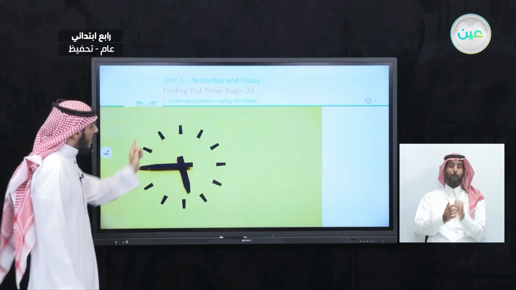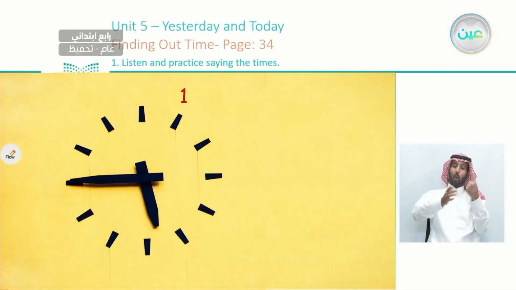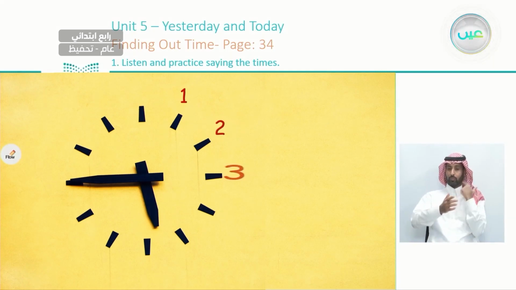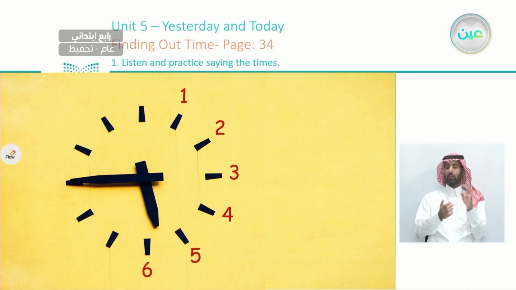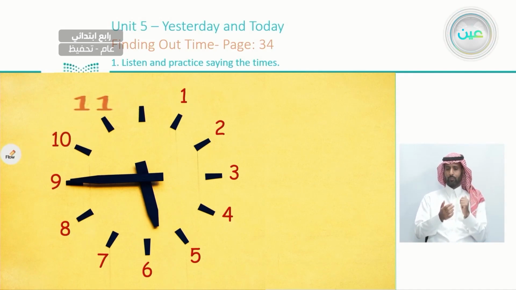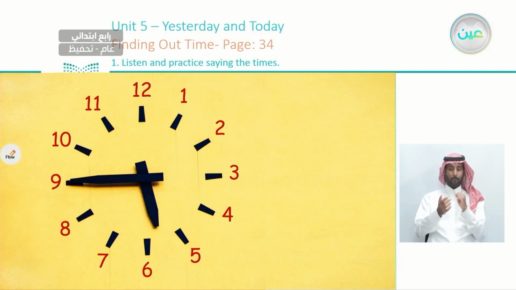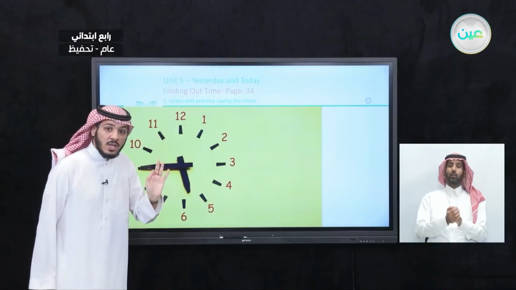Now, tell me the numbers here. 1, 2, 3, 4, 5, 6, 7, 8, 9, 10, 11, 12. Okay, so we have 12 numbers here. The clock contains 12 numbers.